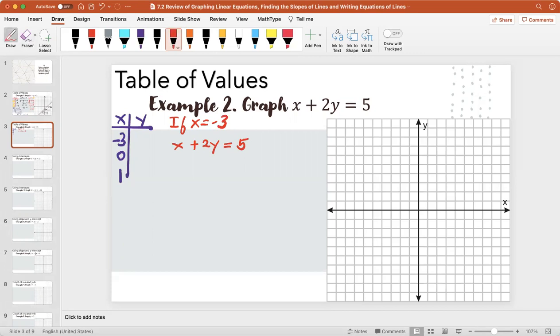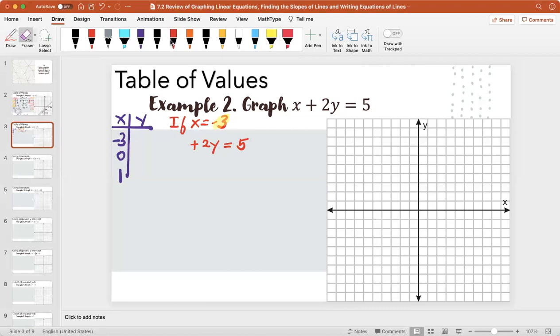All right. So now we plug in -3 to x. If x equals -3, then we plug in -3 to x.